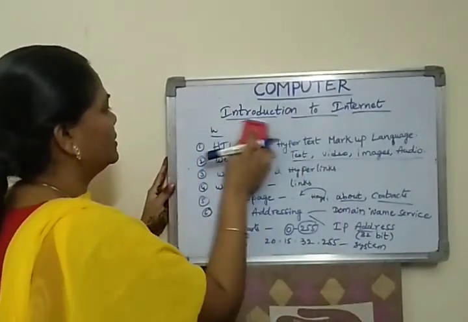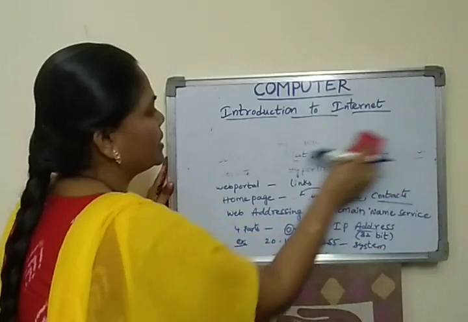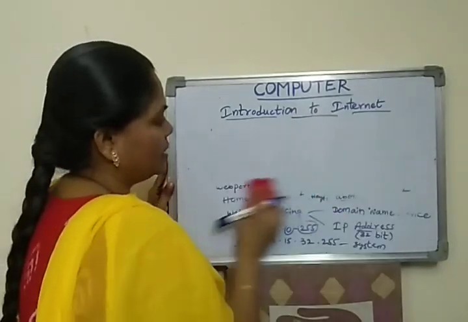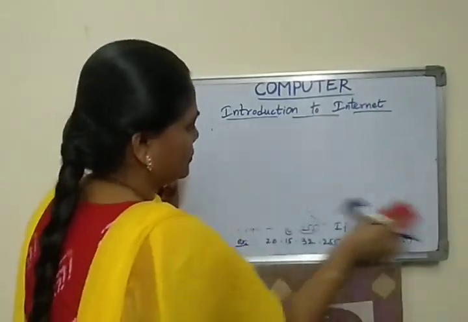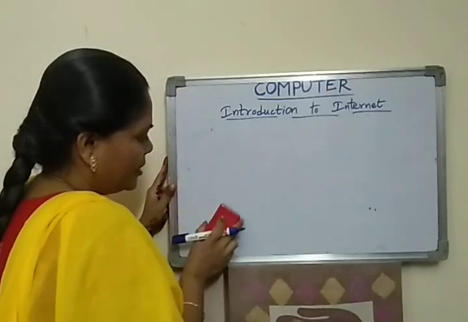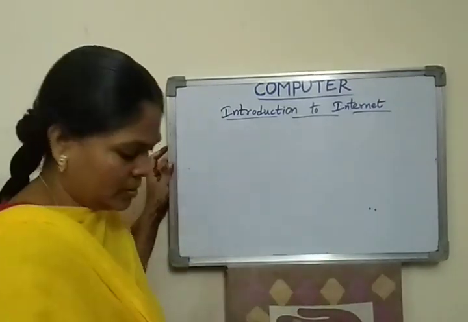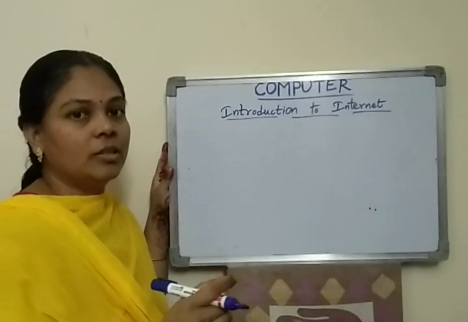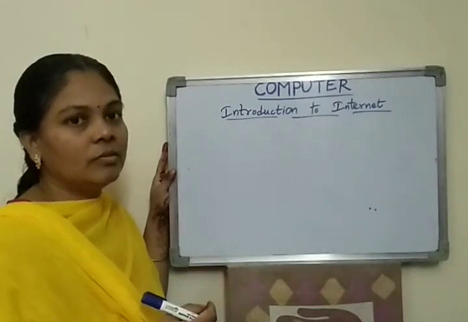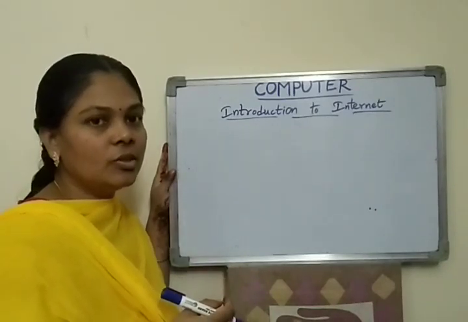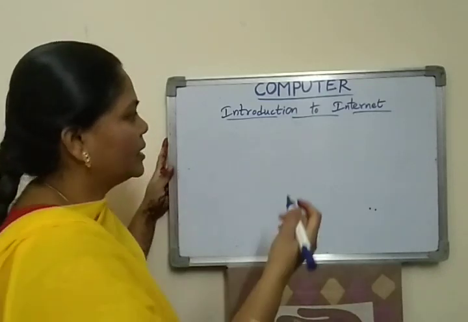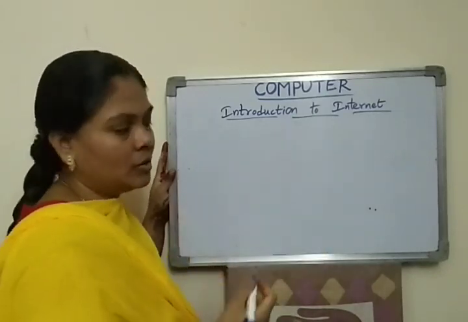Before that, each and every website is identified with a URL. URL means the path, and the full form of URL is Uniform Resource Locator. Suppose you want google.com.